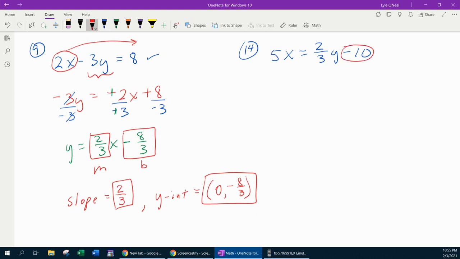First, I'm going to take the negative 10 over. That's going to make that 5x plus 10 equals 2/3 y. Now, in order to get the y by itself, at this point, I've got to get rid of its coefficient. I've got to get rid of the 2/3.